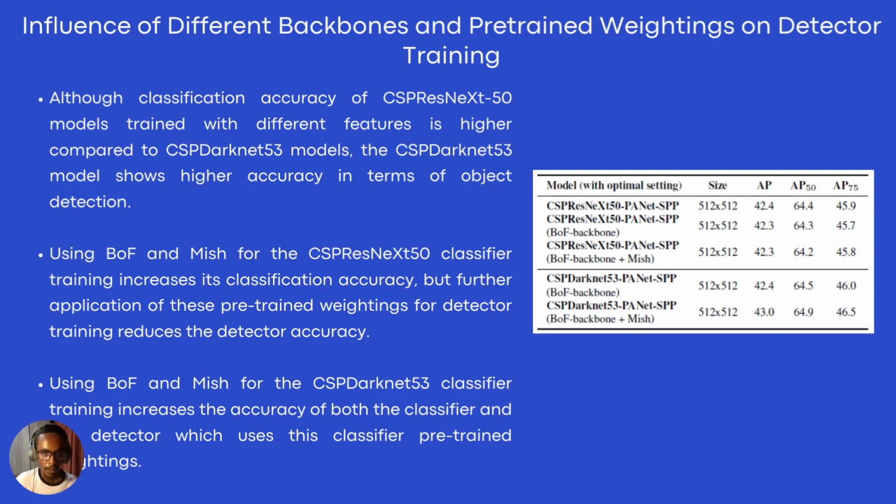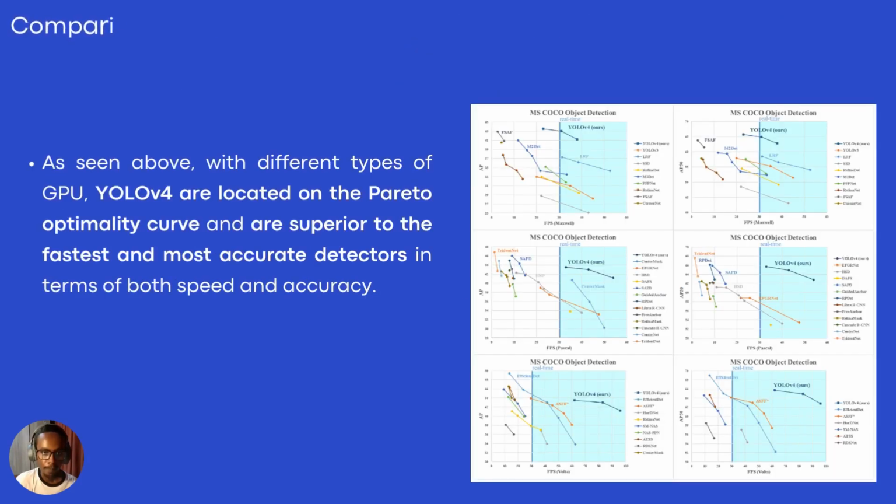So the CSPDarknet53 was chosen over the CSP ResNeXt50 because the improvements have been shown in terms of accuracy, both on the classification task and on the detection task. But for CSP ResNeXt50, it increased for the classification task, but when we introduced the Bag of Freebies and mish activation function for the detection task, the accuracy was lower.